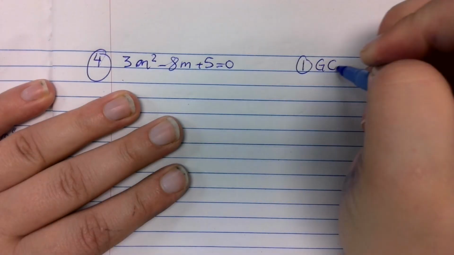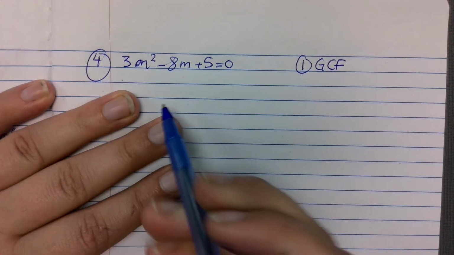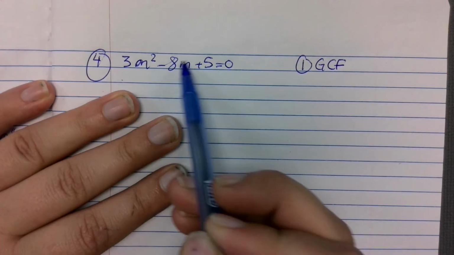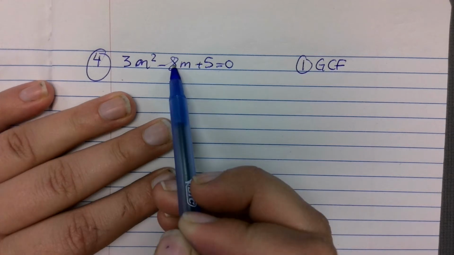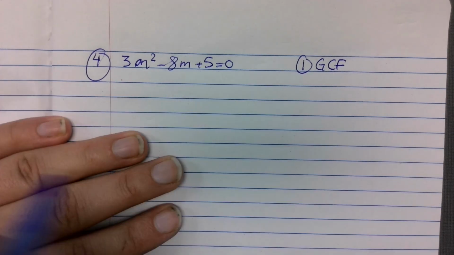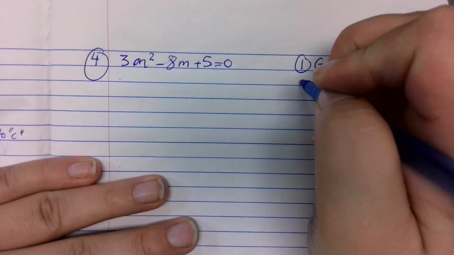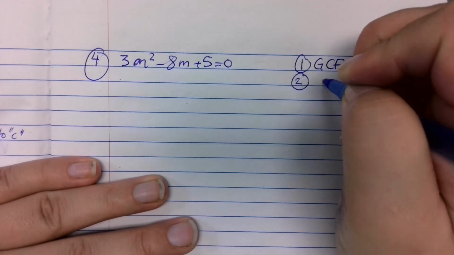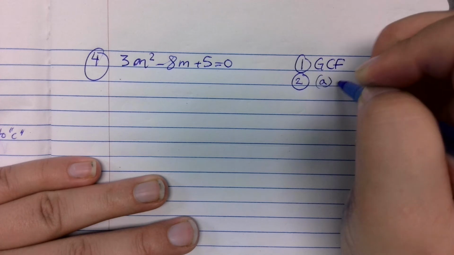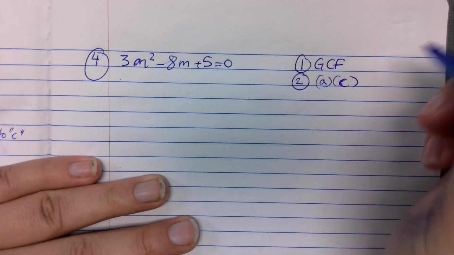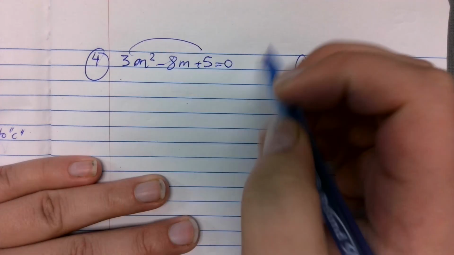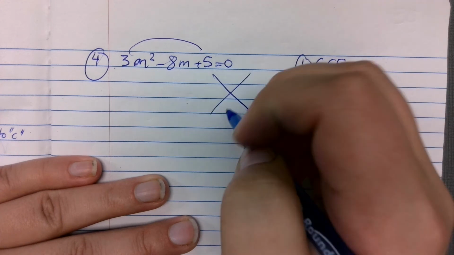I cannot. This is prime, and that doesn't have any common factors with 3 and 5. So I can't do anything else. So step 2, I'm going to take A multiply to C. 15 goes here, negative 8 goes here.